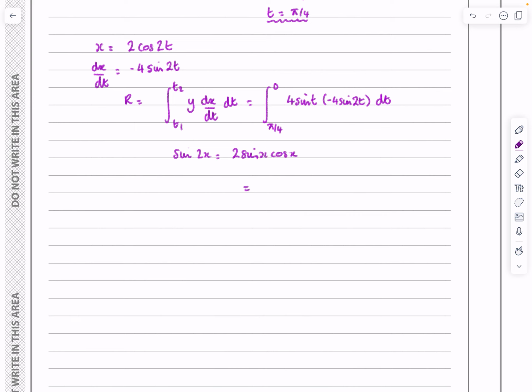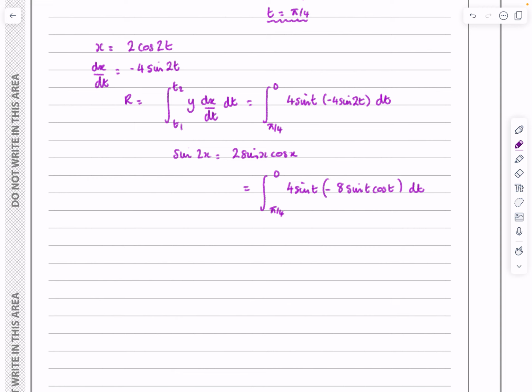So we can now get that that part there is between 0 and pi over 4. I've got 4 sine t times minus 8 sine t cos t. Now be careful the way you write that down, because it might look like it was actually being subtracted there.